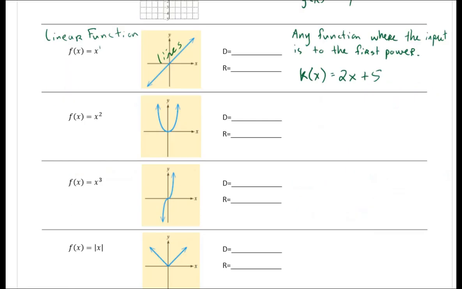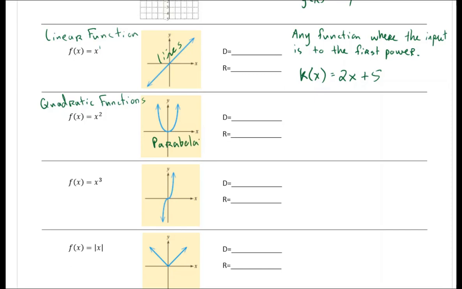Alright, so the next one we have down here has x squared, and we've talked about x squared, so this is going to use the same naming. These are called quadratic functions. With the graph of quadratic functions, we call these parabolas.